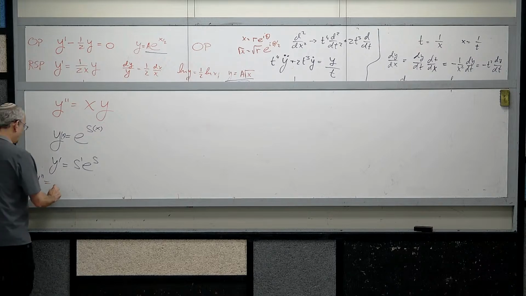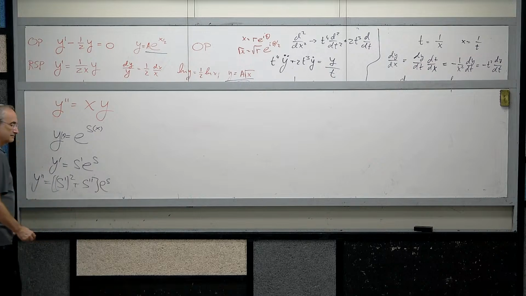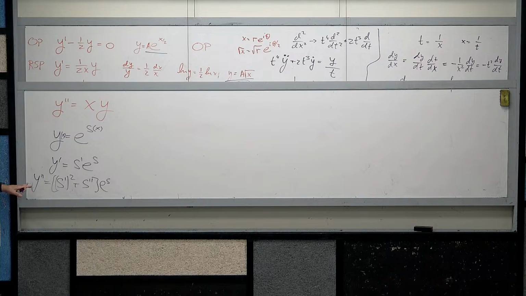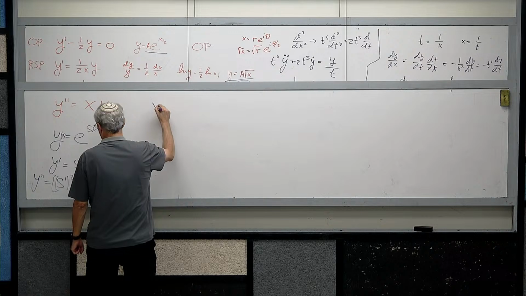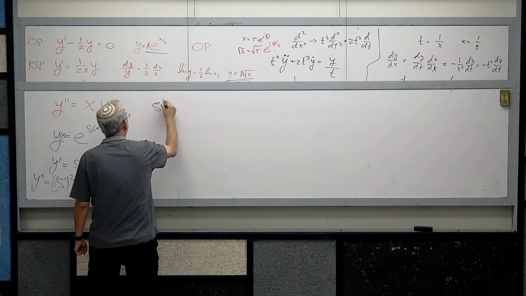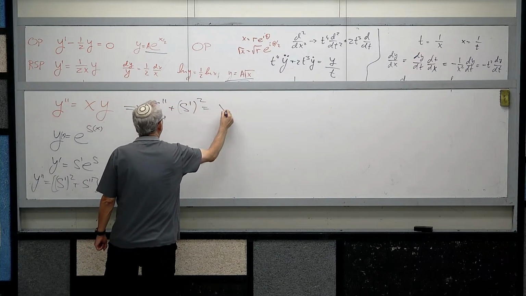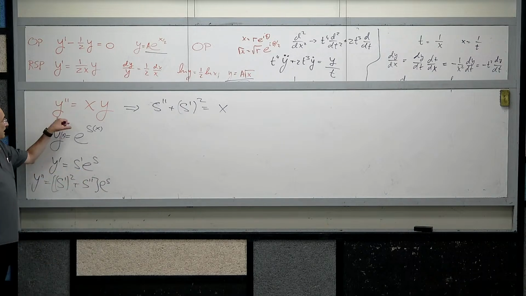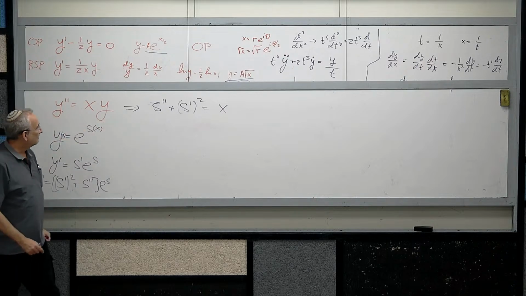It is s prime squared plus s double prime, times e to the s. Therefore, I can write this equation as s double prime plus s prime squared equals x, where the e to the s cancels from both sides. Do you see that? Very good.